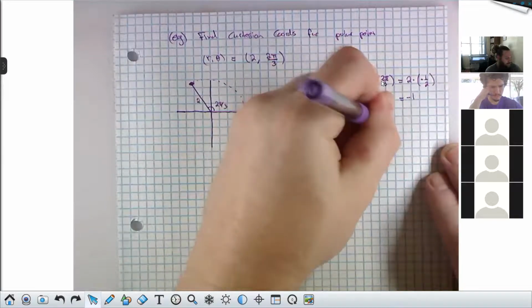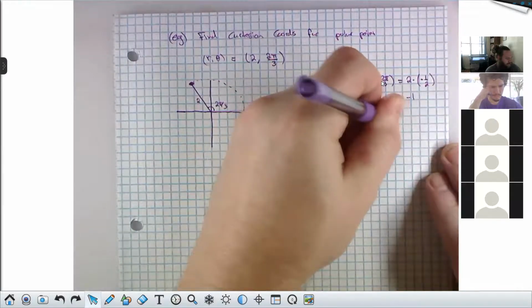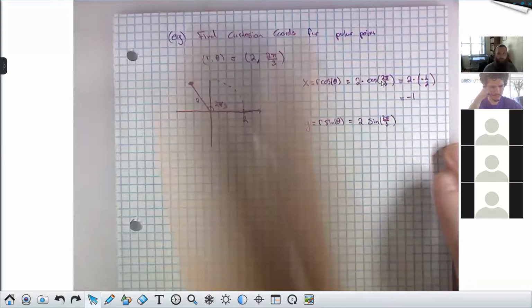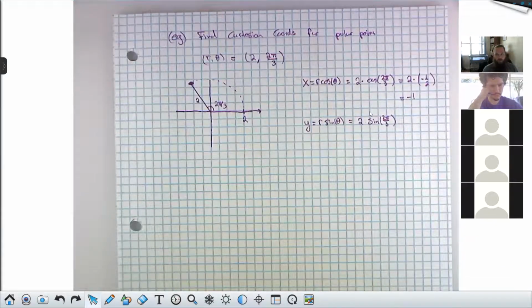And sine of 2 pi over 3. So the sine of 2 pi over 3, what is that guy? So 2 pi over 3, remember, is over here in quadrant 2.